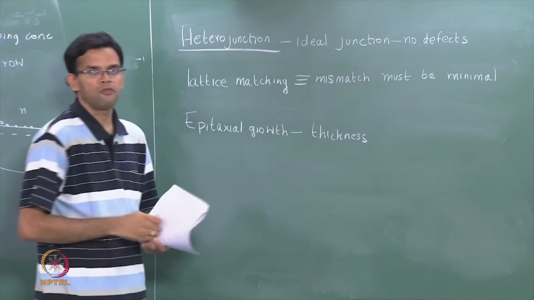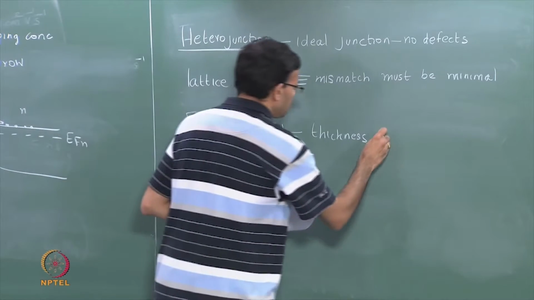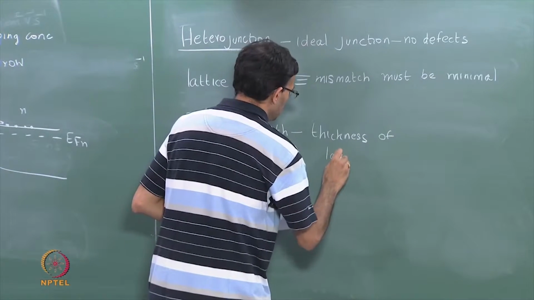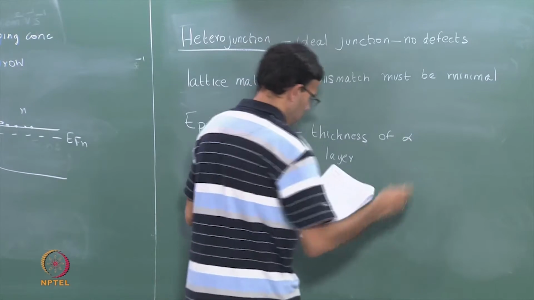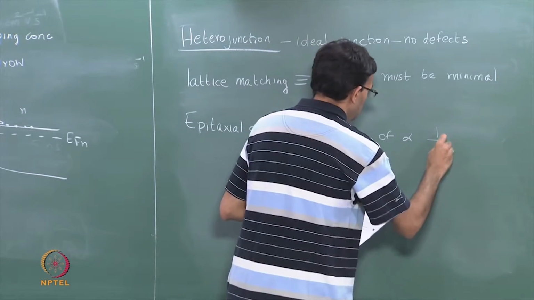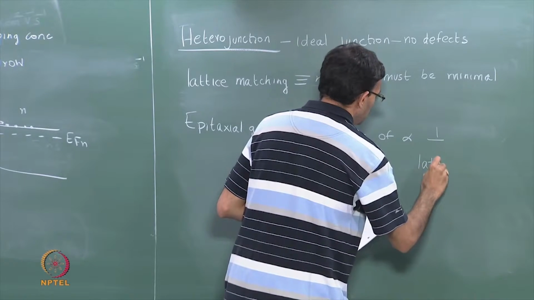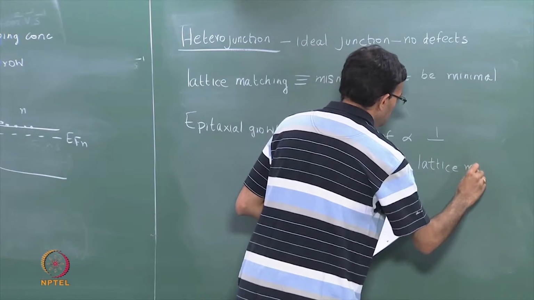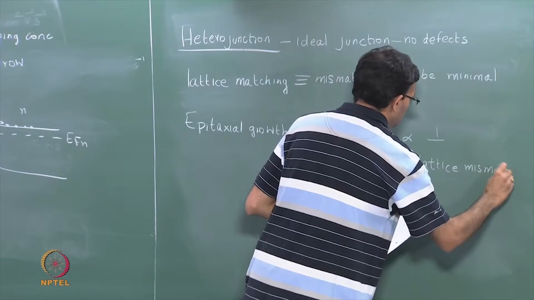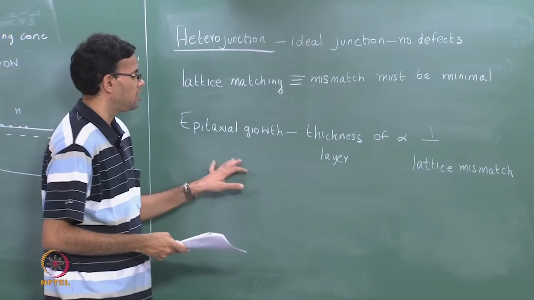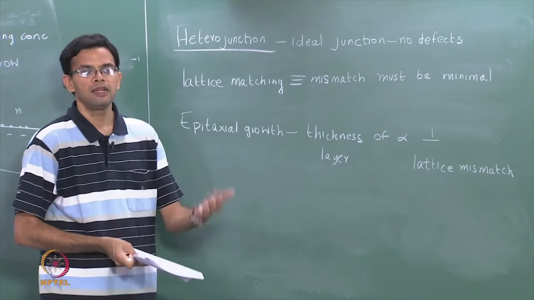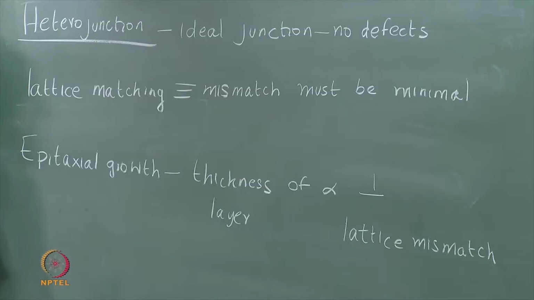So, the thickness of the layer you are trying to grow is inversely proportional to the lattice mismatch. So, the more the mismatch, the thinner the layer you can grow. Ultimately, if your mismatch is large, you are just going to have a large number of defects at the interface.